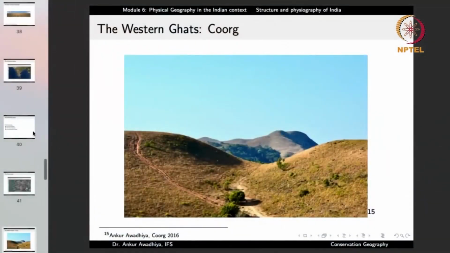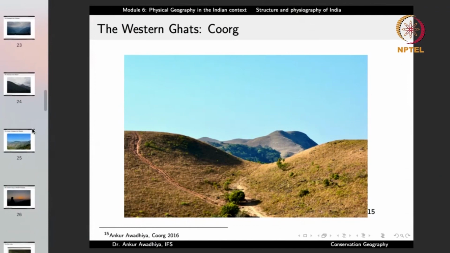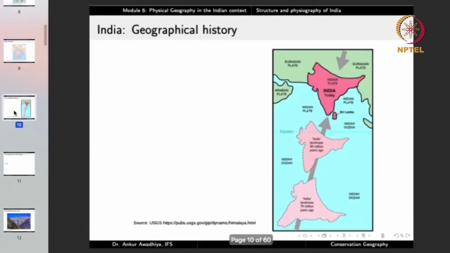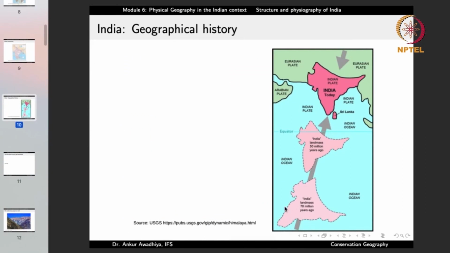So if we look at the history of India, coming back to that slide, this portion was here even something like 70 million years ago. And so the erosional activities of these areas have been continuing, whereas the Himalayas are recently formed.